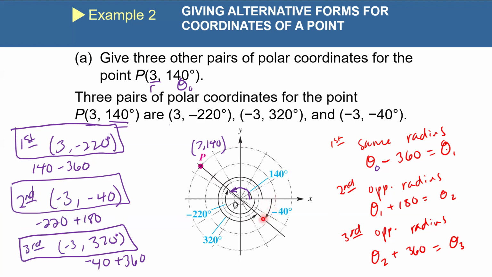This right here is -40, right? And then right here is -20, even though it's labeled, -20 is right here. And then you have your 320 is all the way around. It's negative.